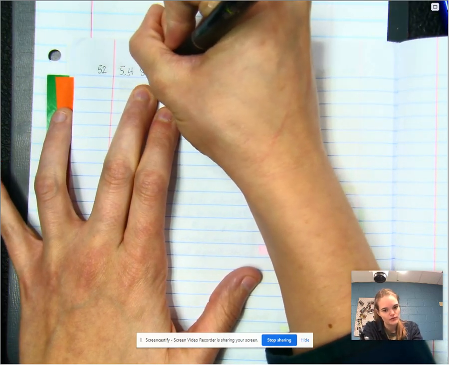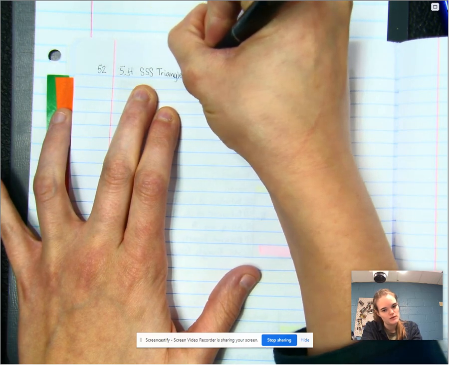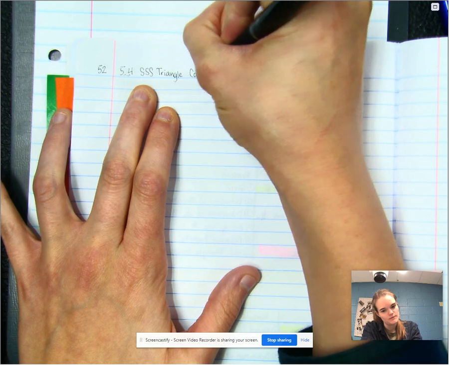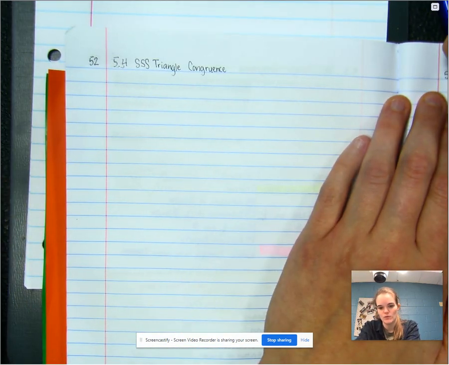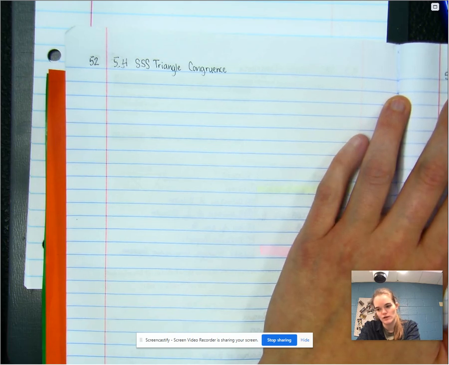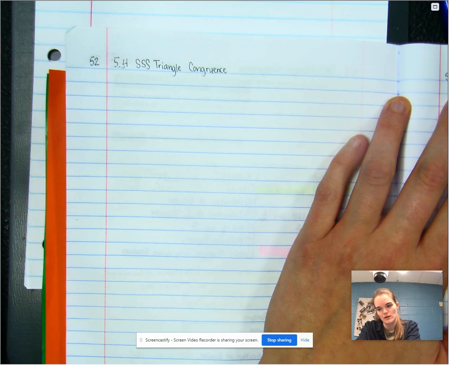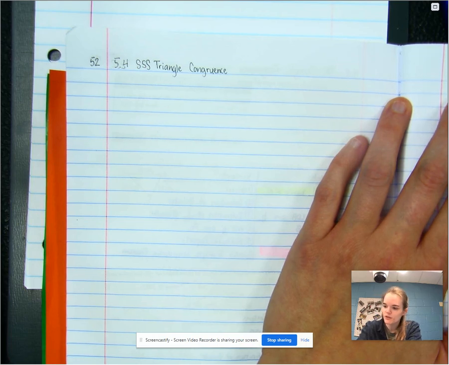It's not the SS. Triangle congruence. 5.4. Side triangle congruence. Page 53.